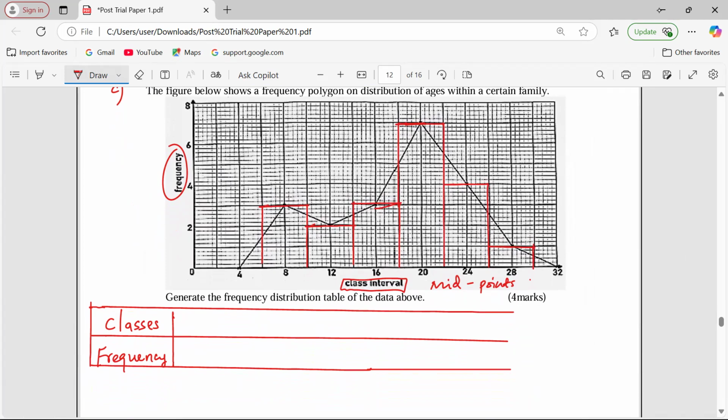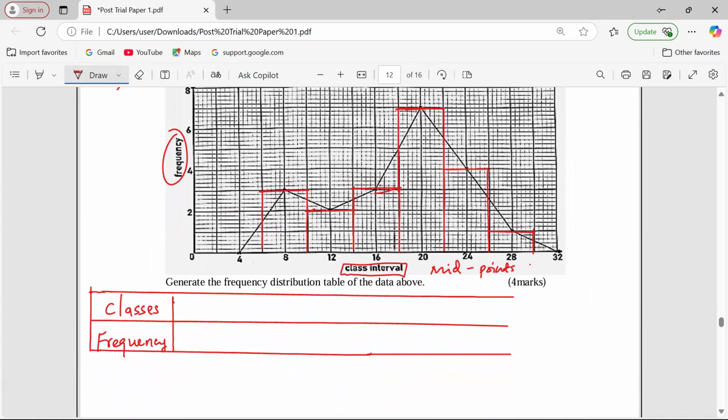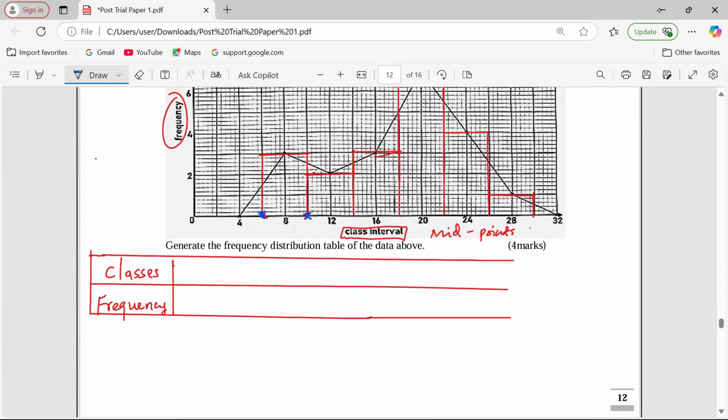Therefore, the first class is starting from this point up to this one. Let me show you. Between 4 and 8, there is 6. And between 8 and 12, there is 10. So 6 to 10.